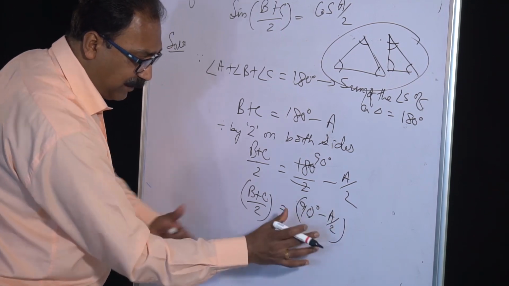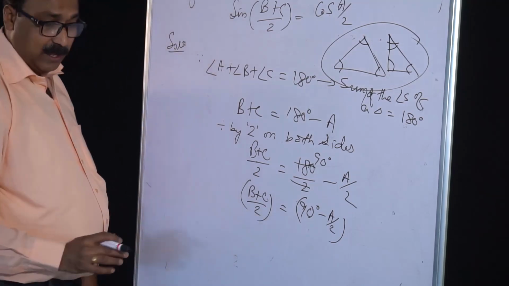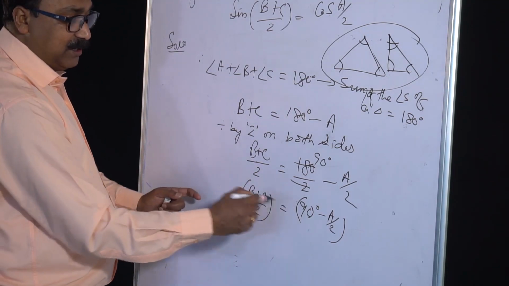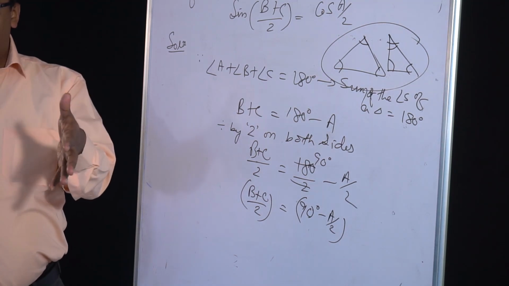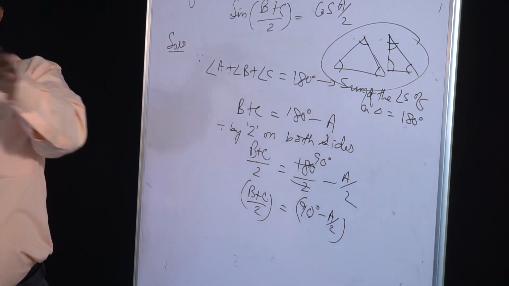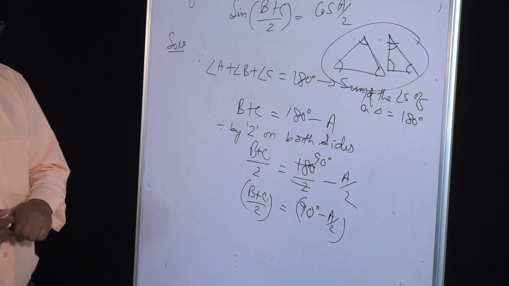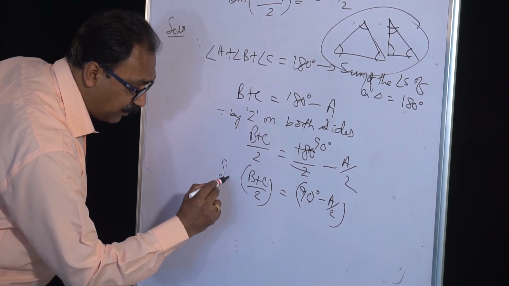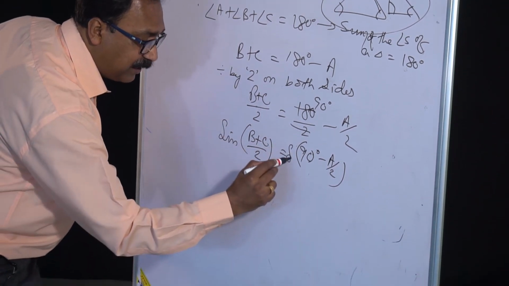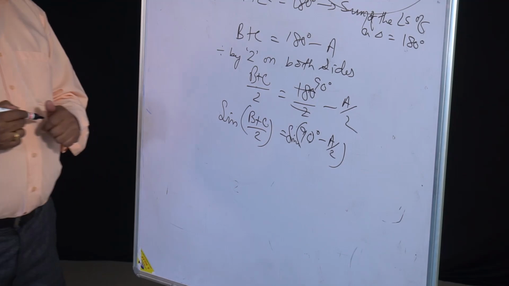So both are angles and they are equal now. If angles are equal, the trigonometric ratios are equal, and vice versa. So we consider sine on both sides: sine of (B plus C) by 2 and sine of (90 minus A by 2).